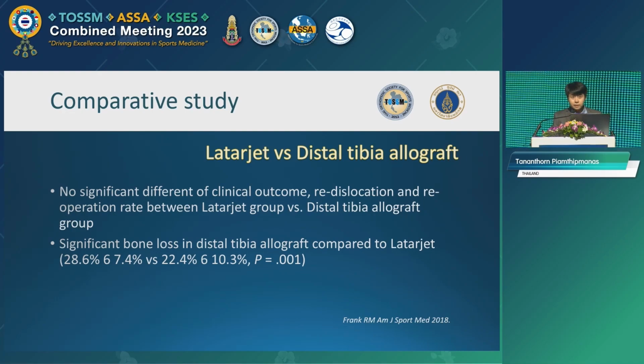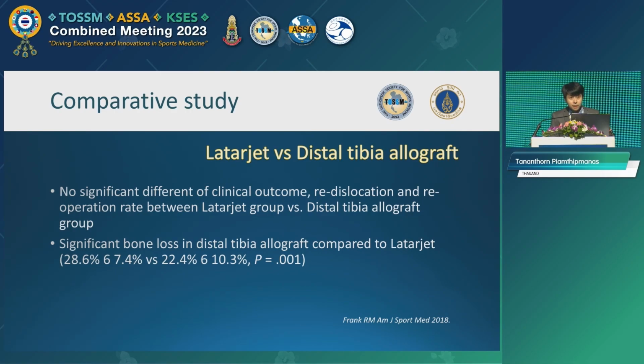They also show a comparative study with Latarjet, but there is no significant difference in clinical outcome, redislocation or revision rate between the Latarjet and distal tibial allograft groups. But in the demographic data, there was significantly more bone loss in the distal tibial allograft group. Maybe it's just because this is not a randomized controlled study.